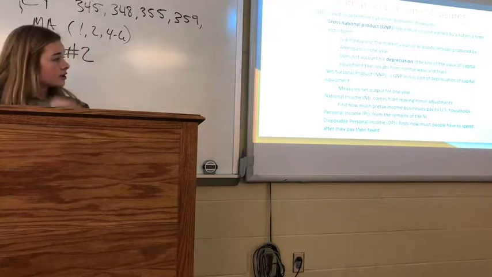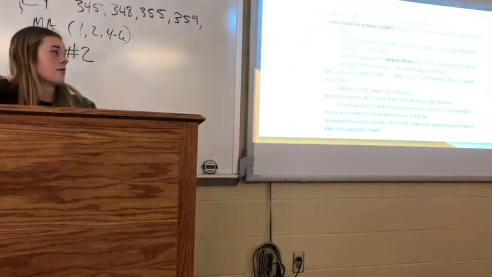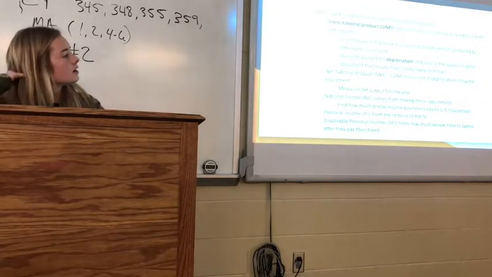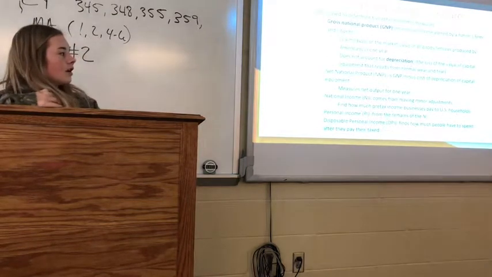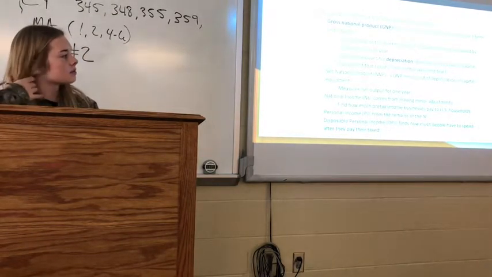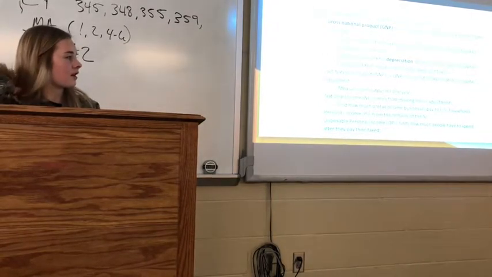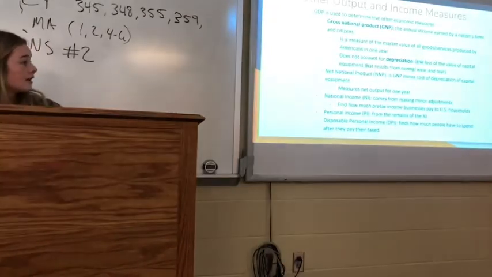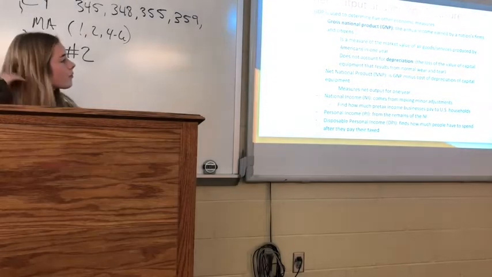And this is measured as the market value of all goods and services produced by Americans in 1 year, and it doesn't account for depreciation. Another one is the net national product, which is the gross national product minus the cost of depreciation of capital equipment. And what this does is it measures net output for 1 year.